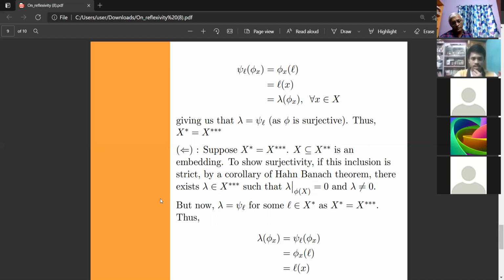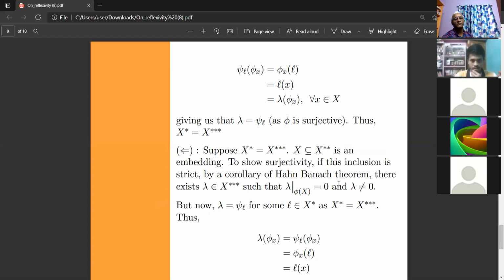Now for the other direction, we can assume that H star is reflexive. Again, this is an embedding, and we just have to show the surjectivity. So suppose the embedding was not surjective.